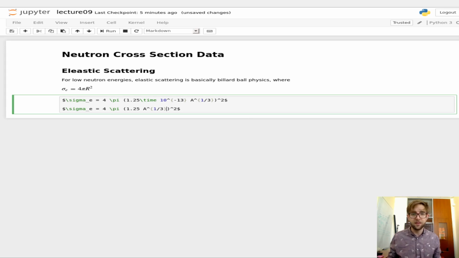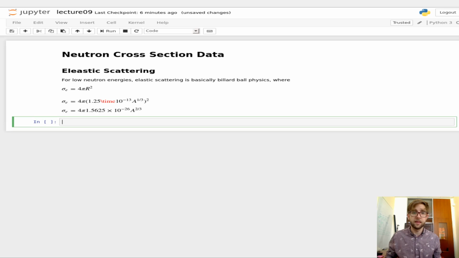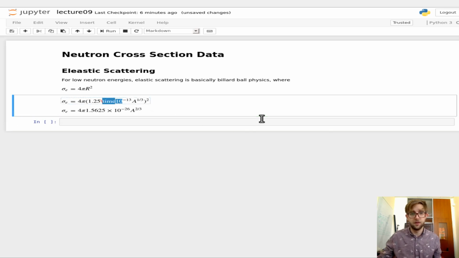So this is 1.5625 times 10 to the negative 26 if we square that, and then this is A to the 2/3 power.